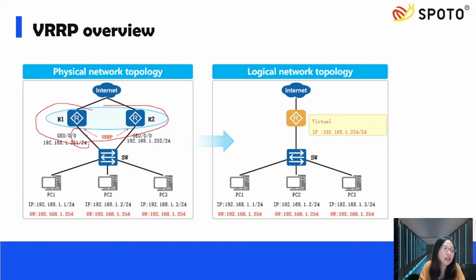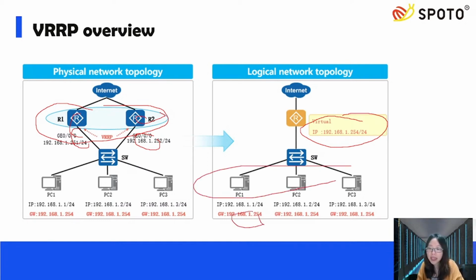We configure router 1 and router 2 to associate with the same virtual IP address. The virtual router uses this IP address as its port IP address, so all hosts use this virtual IP as the default gateway.